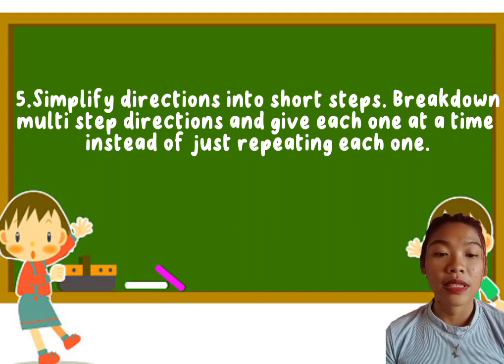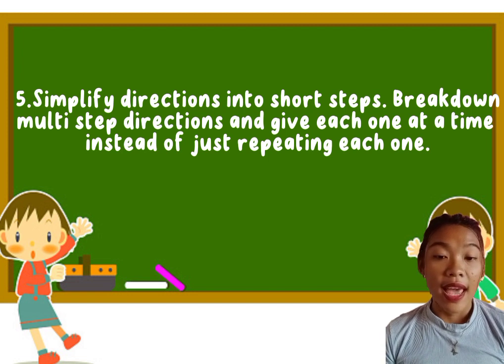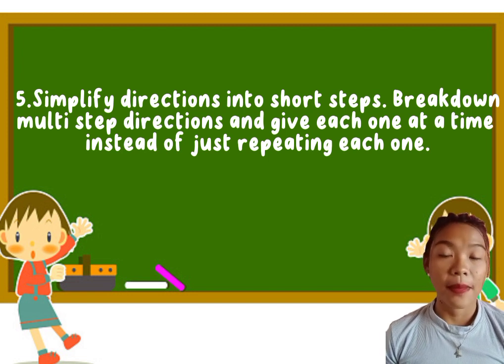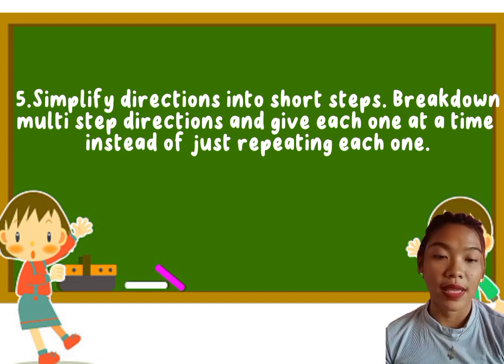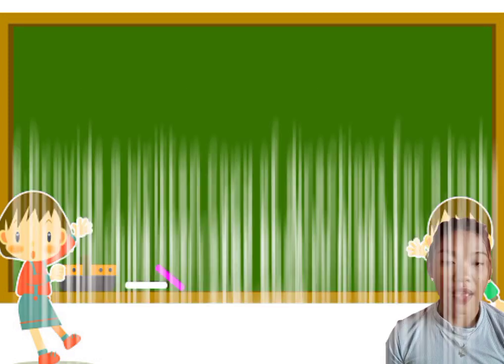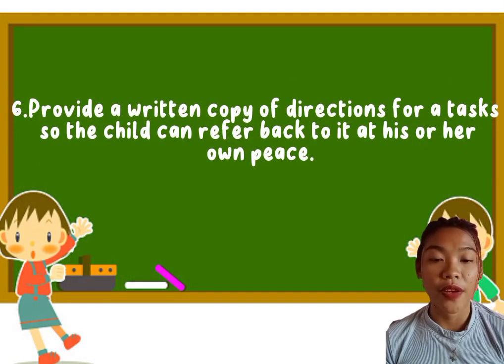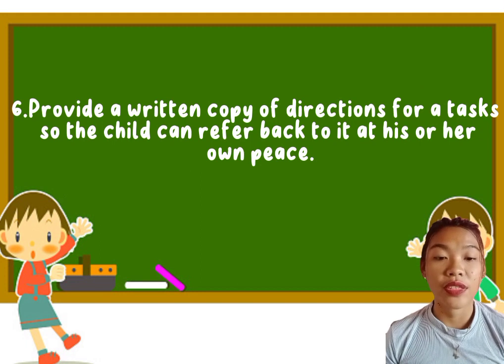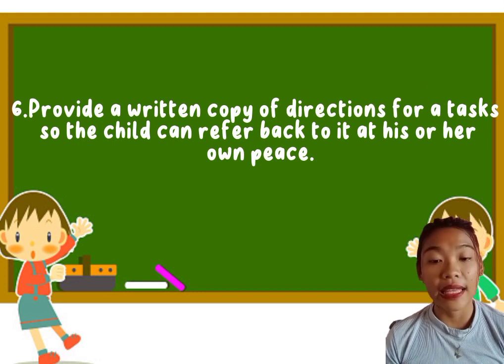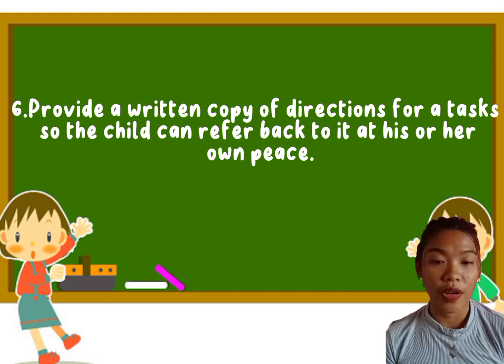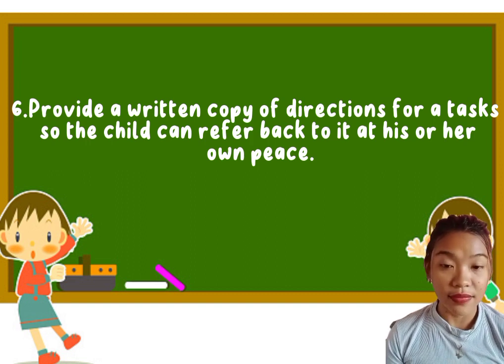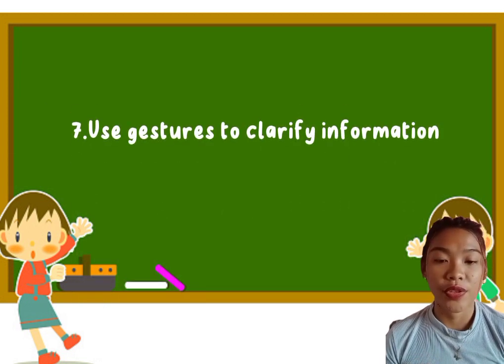Break down multi-step directions and give each one at a time instead of just repeating each one. 6. Provide a written copy of directions for a task so the child can refer back to it at his or her own pace. 7. Use gestures to clarify information.